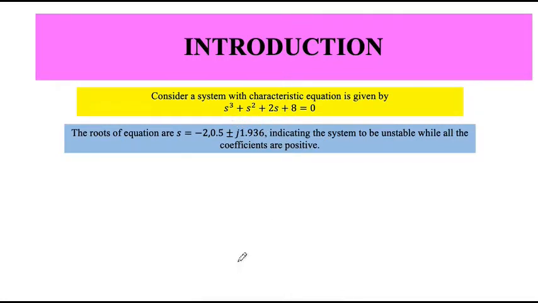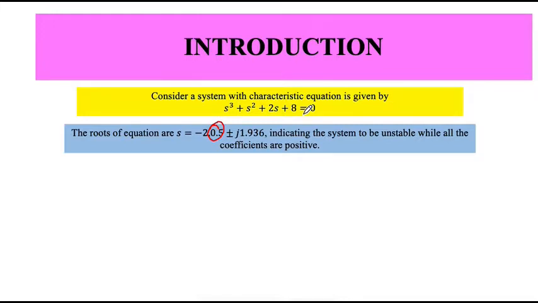This pair is in the right half plane because the real part is greater than 0. So the system is unstable even though all coefficients are positive. So this test, that all the coefficients are non-zero, is just a necessary condition. It will not guarantee stability, right?